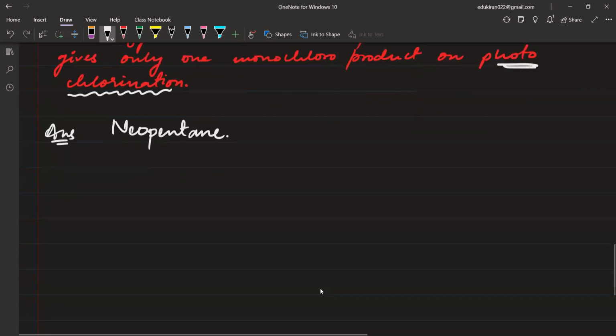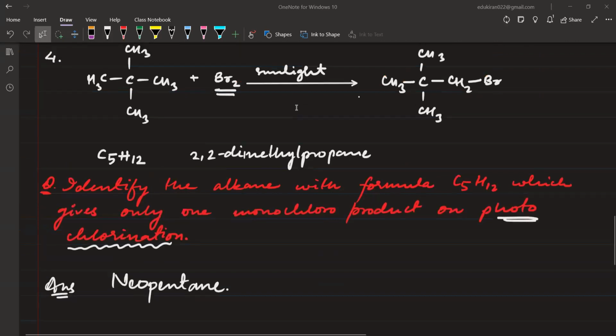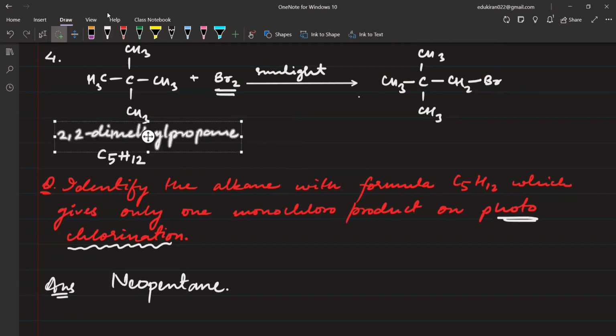So what about the bromine? Sorry. We don't mention bromine. I'm saying that this is the name for this molecule. They're asking you to identify the alkane. Okay. Got it?